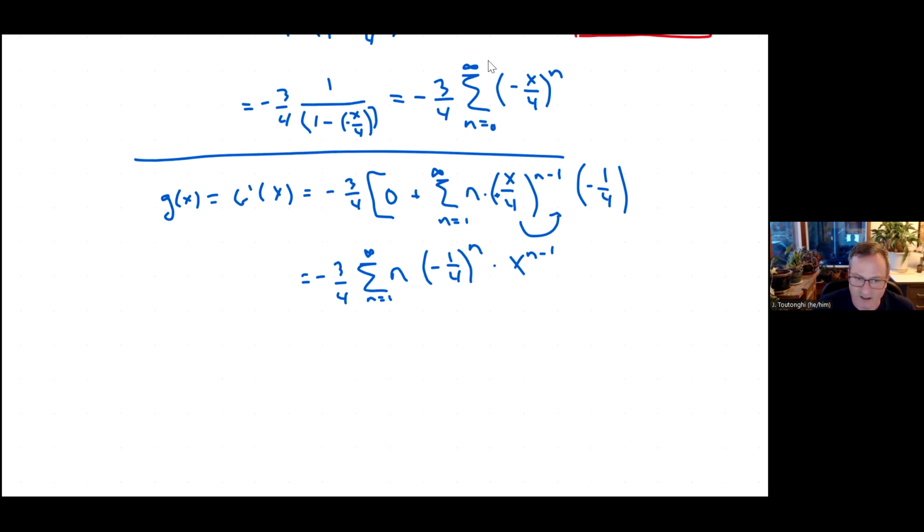So we're going to decrease our index by 1, which will increase all of the n's over here by 1. So that'll be an n plus 1, that'll be an n plus 1, and this will become the power n.